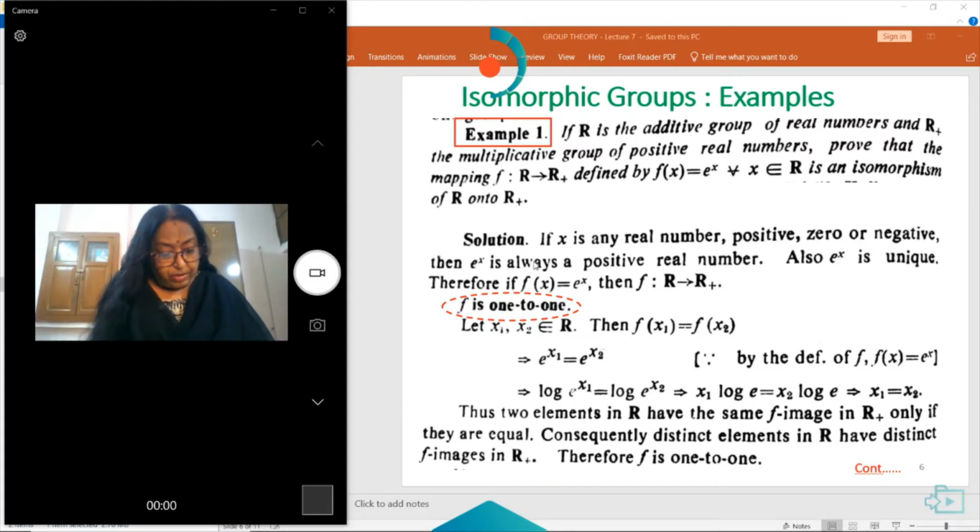Taking log on both sides, we get log of e to the power x1 is equal to log of e to the power x2, which may be written as x1 is equal to x2. We started from f(x1) equal to f(x2) and we get x1 equal to x2. That is, f is a one-one mapping.